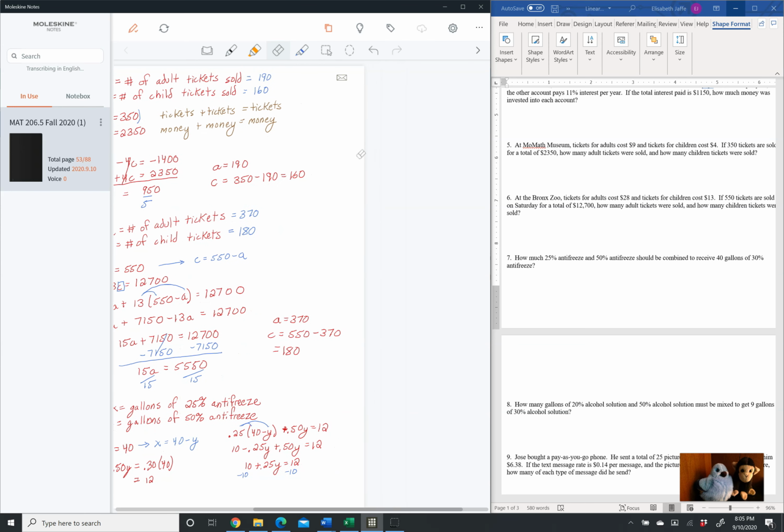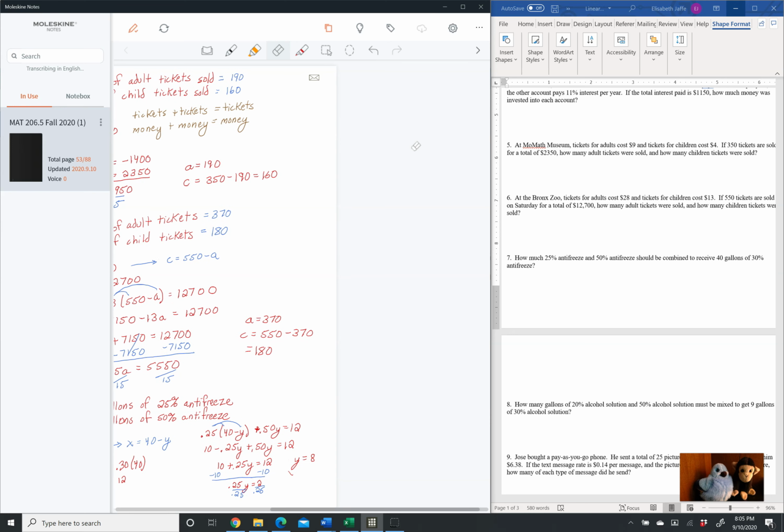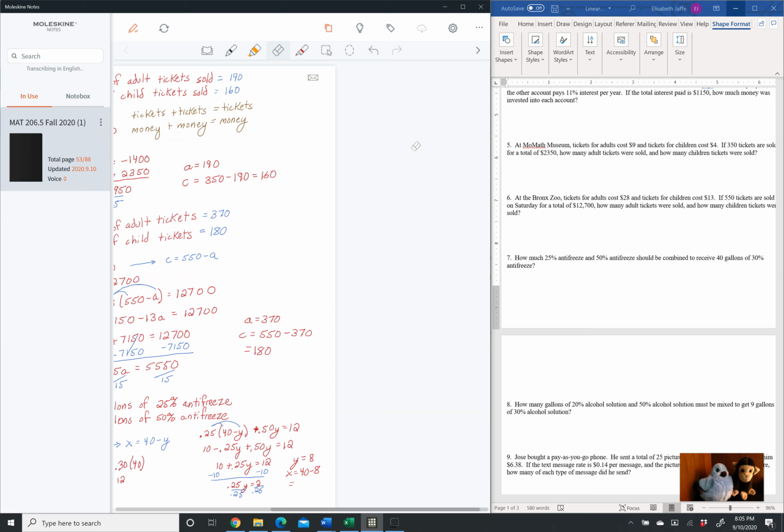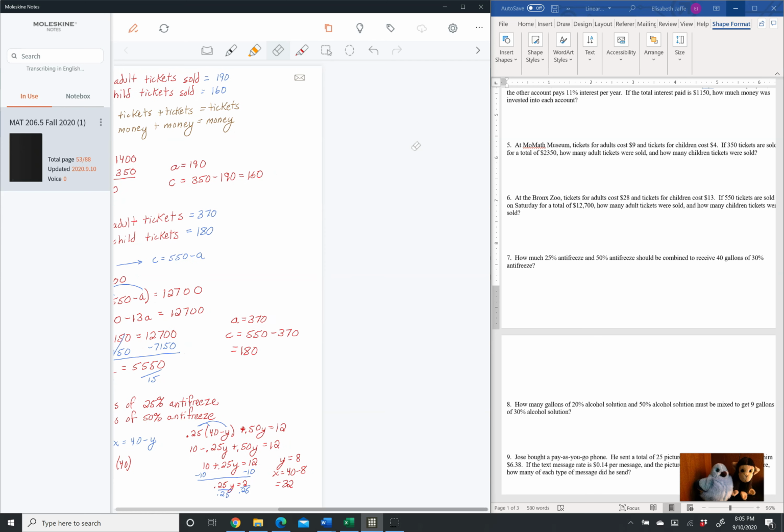And what we get is that y is equal to 8. And if y is equal to 8, then x is 40 minus 8, or x is 32. And we can just write that up at the top. So x is 32 gallons, y is 8 gallons.